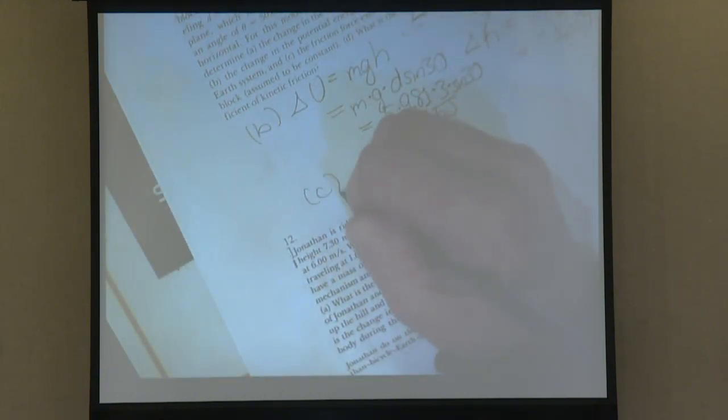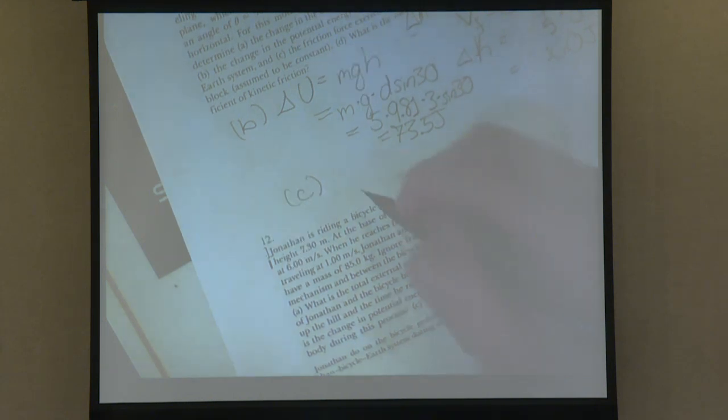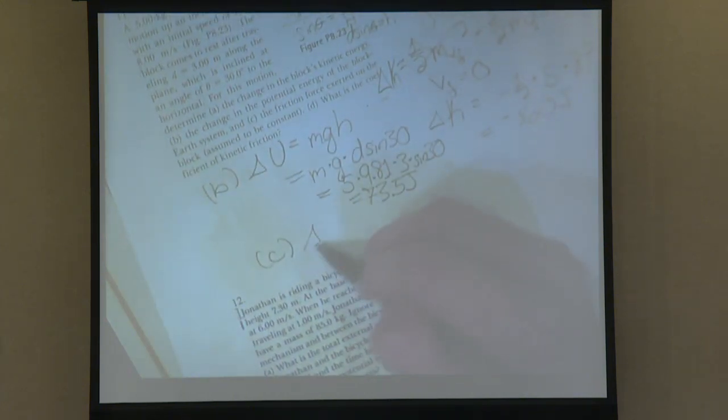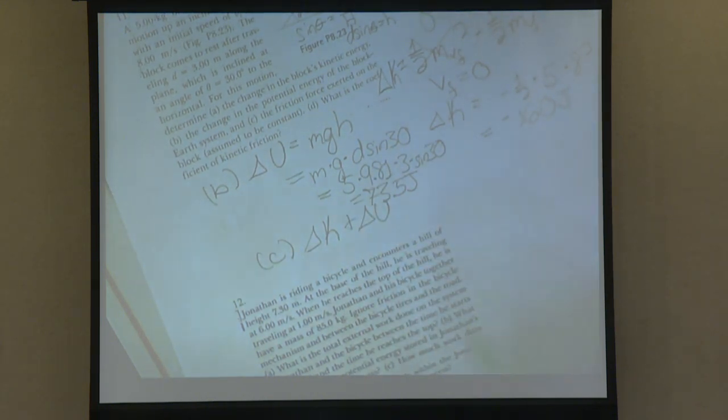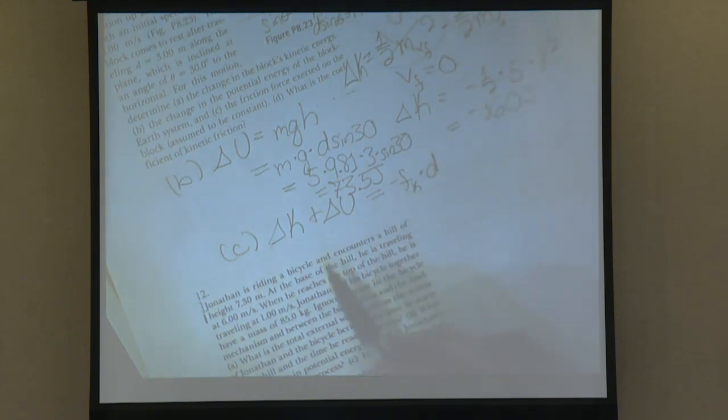So for part C, we're looking for the friction force, but it doesn't give us the coefficient of friction. So what we're going to have to do is find the difference between our change in kinetic and potential energy, which is what is going to be lost to friction. Since we know our delta kinetic energy and our delta U, we find the difference between them, and we know that's going to be equal to our force of friction times distance, because energy is equal to force times distance, and this is the friction force.